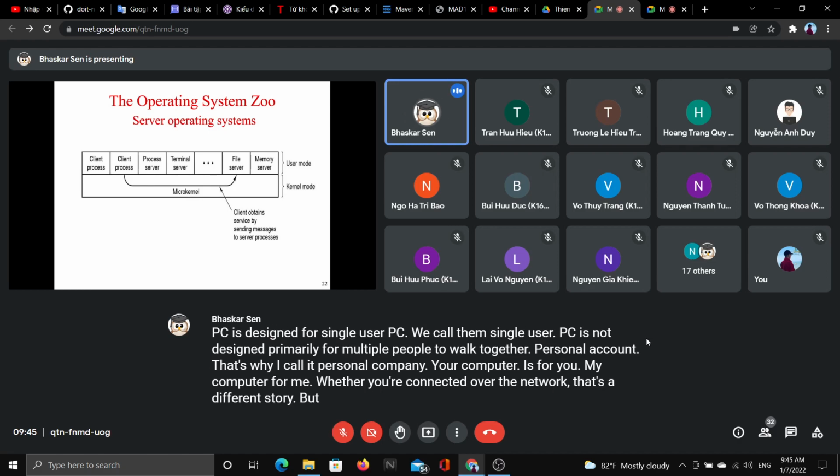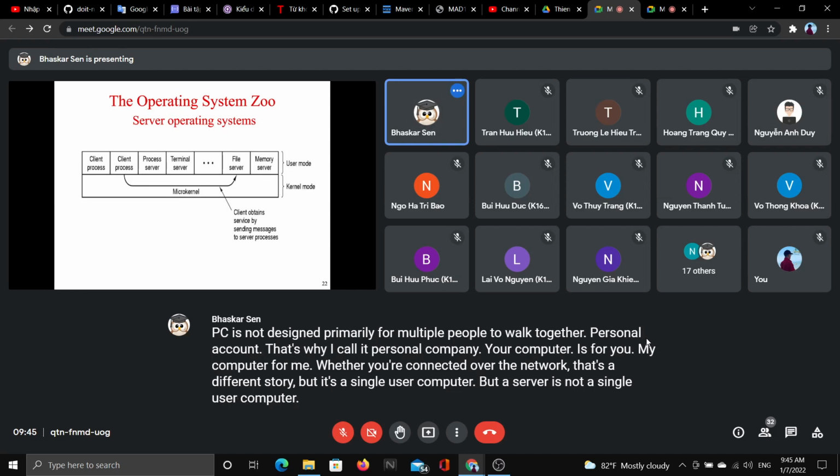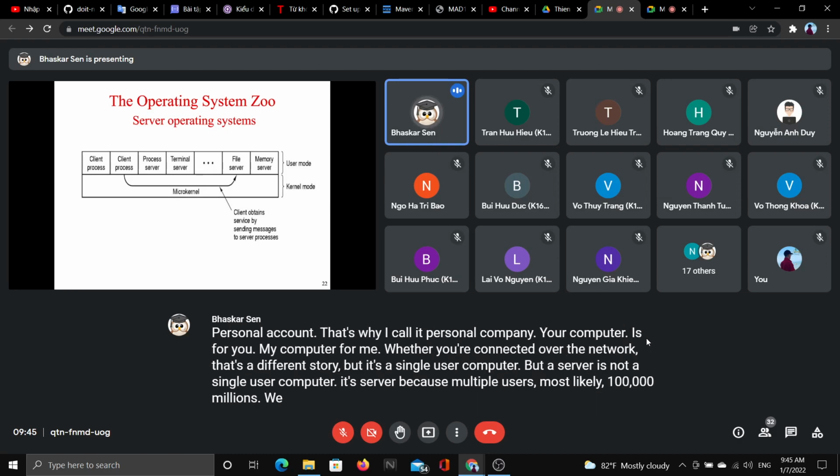But a server is not a single-user computer. It's a server because multiple users, most likely hundreds, thousands, millions of users, are using that machine at any given point of time.